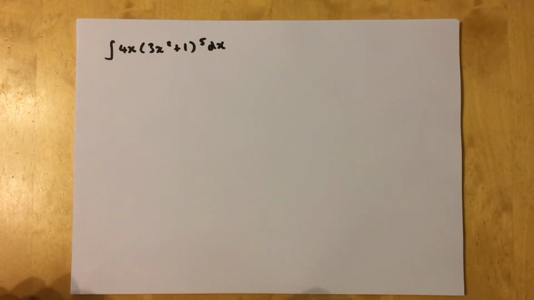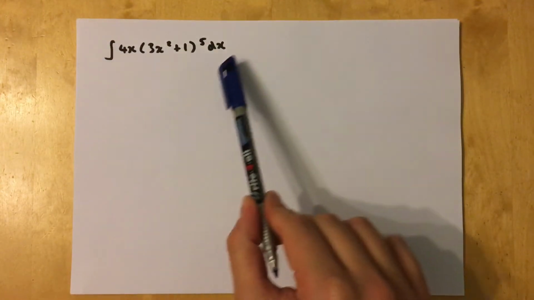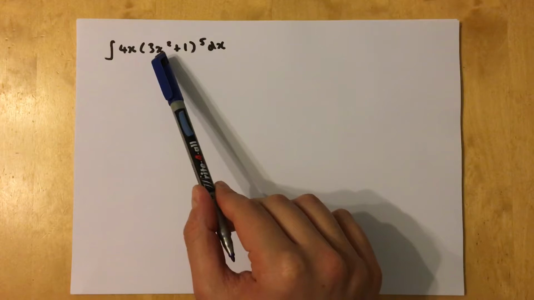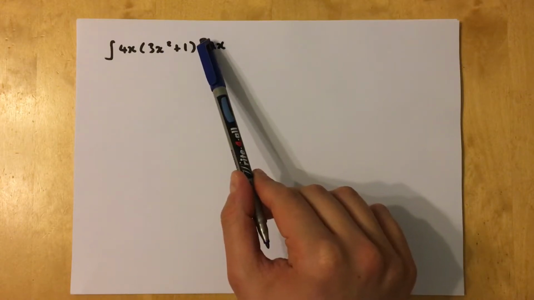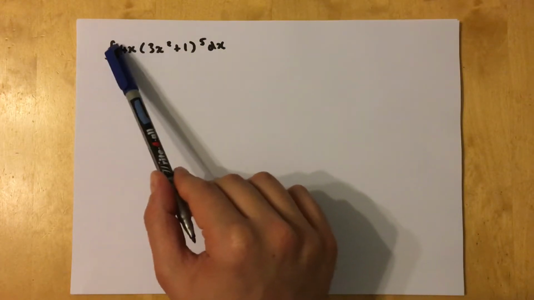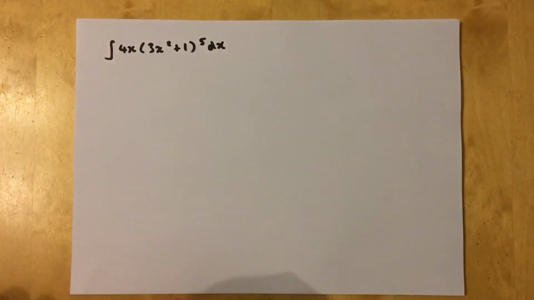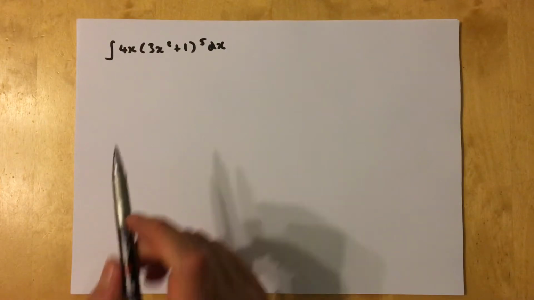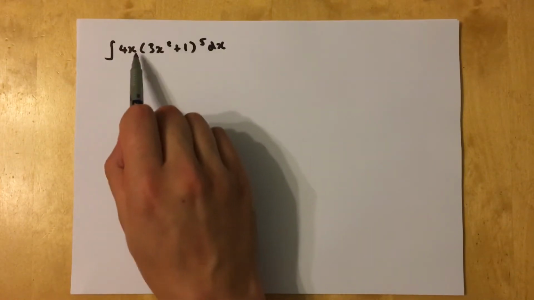When we have something of this form, we'd be looking for what form it's in. We've got f of x to the power of n, and then a multiple of the derivative there. What we do is we choose the inner function to be the function that we replace. So in this case it'd be the 3x squared plus 1.